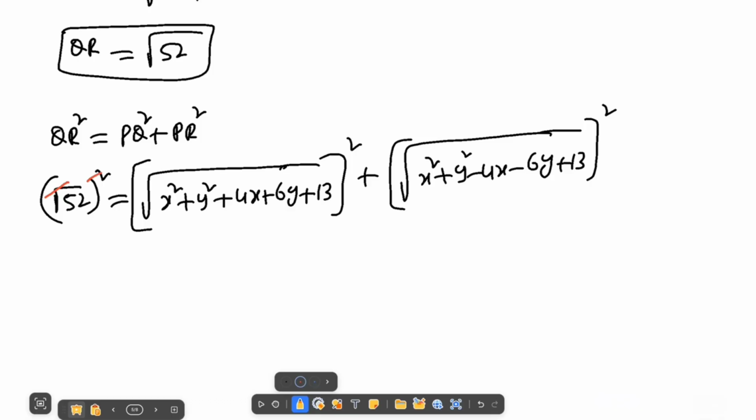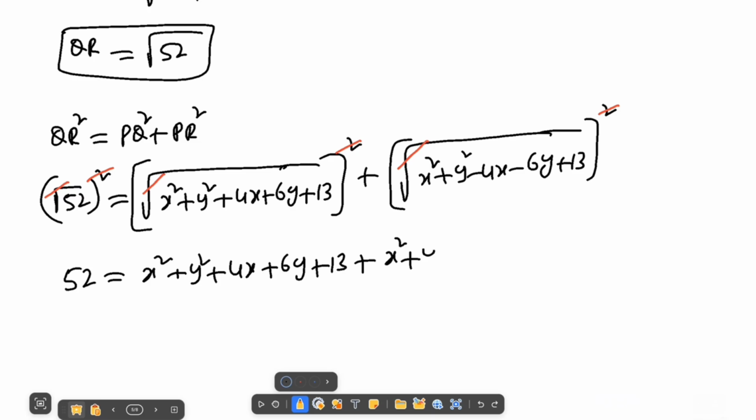Here the square root and square cancel, in each case. Now what are the remaining things? Left side we will have 52, right side we will have x square plus y square plus 4x plus 6y plus 13, and x square plus y square minus 4x minus 6y plus 13.